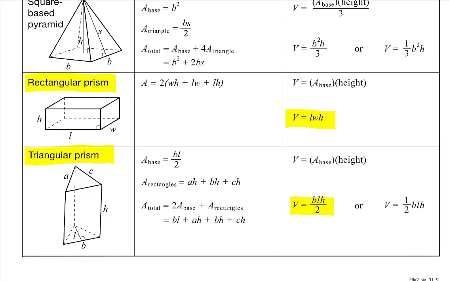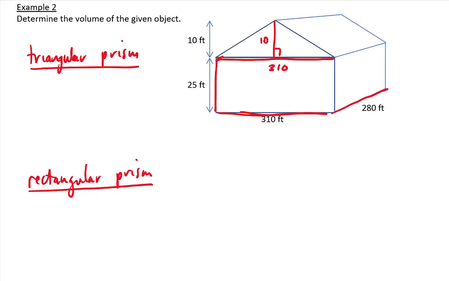So I remember it as the area of a triangle, so base times height divided by 2, times the length of the object. So our volume for our triangular prism is going to be base times height, then times the length, so we'll say that's L, all divided by 2.